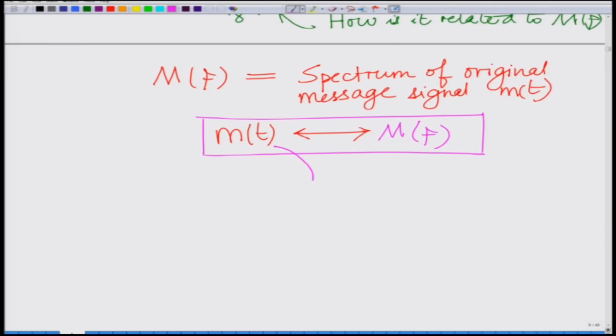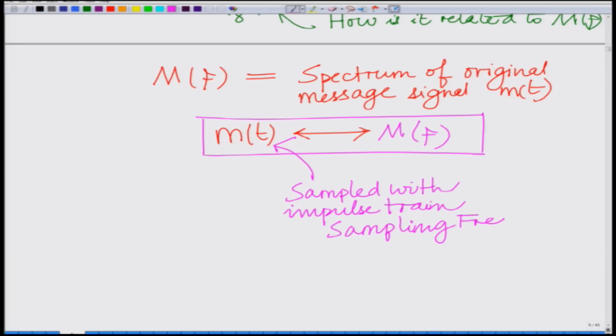We know that we are sampling it with an impulse train at sampling frequency Fs, that is, sampling interval Ts equals 1 over Fs.